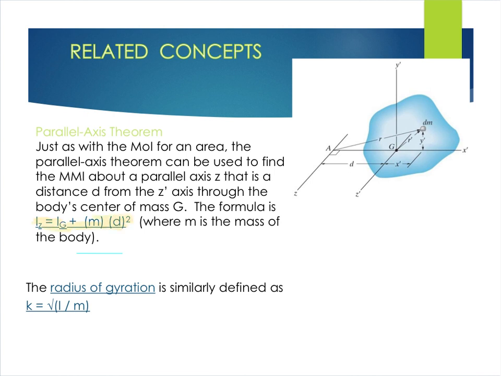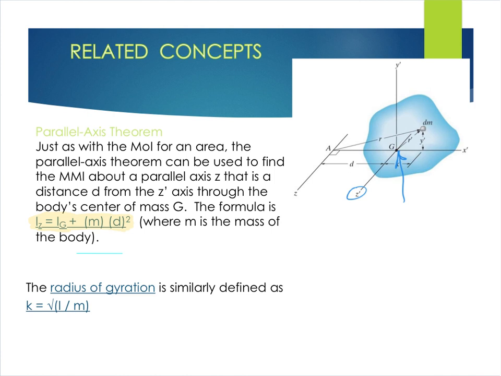We're still finding the moment of inertia about an axis that is parallel to an axis passing through the object's center of mass. Here you can see in this picture we have the axes. The primed axes have their origin located at the center of gravity, which is probably going to be the same as the center of mass.